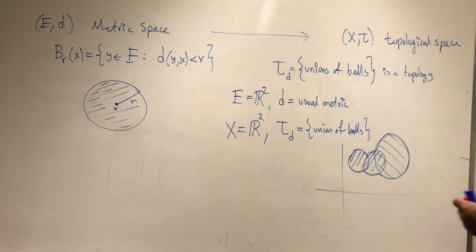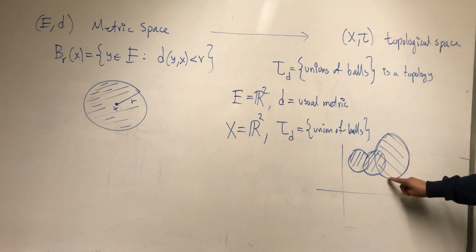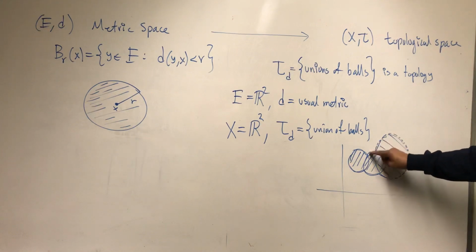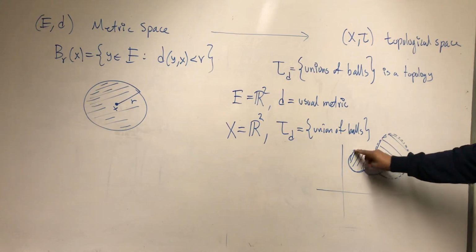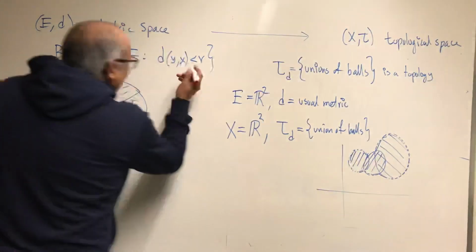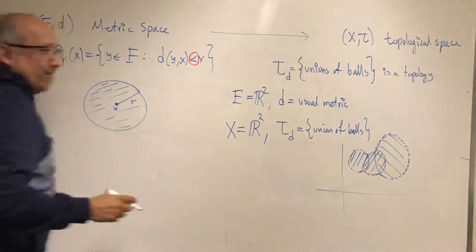So I'm going to ask you a question. Oh, by the way, these balls do not include the border, okay? Why not? Why do the balls not include the border? Because I'm asking the distance to be strictly less than r.